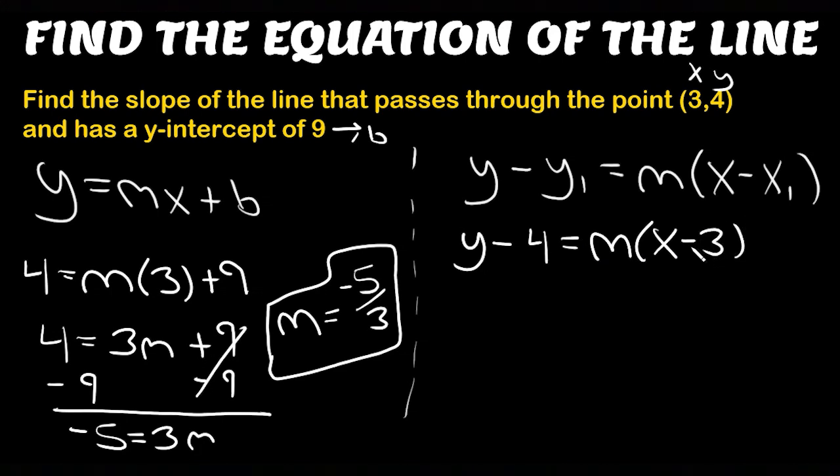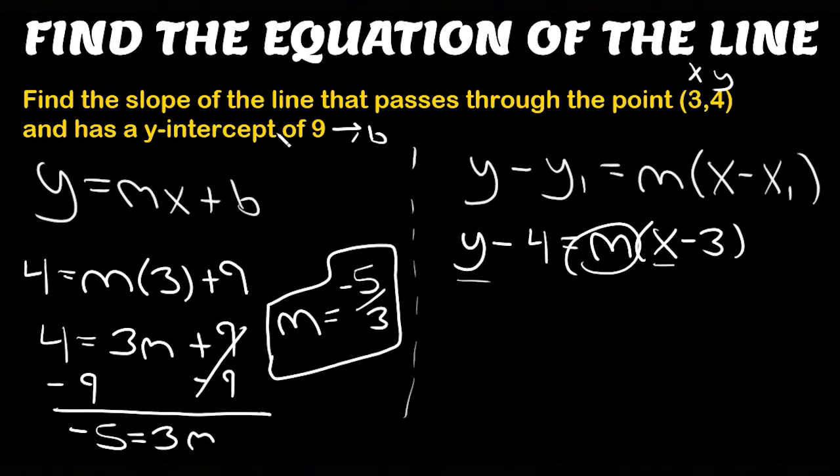Now, look what happens here. You run into an issue because I have too many variables here. I have a y variable, I have an m variable, which is my slope, I have an x variable. So how do I solve for slope if I have two other unknown variables such as x and y? And so this one's not as obvious, but if you can remember what the y-intercept is, that's simply where it's crossing the y-axis.